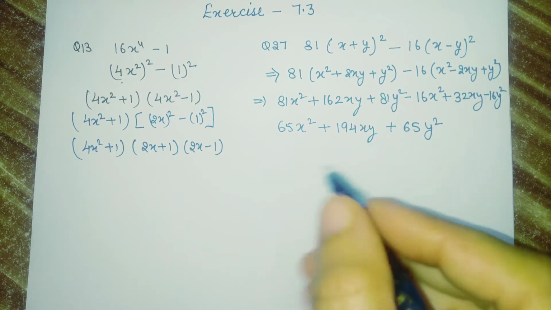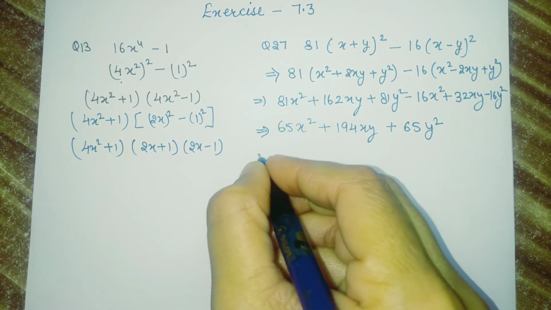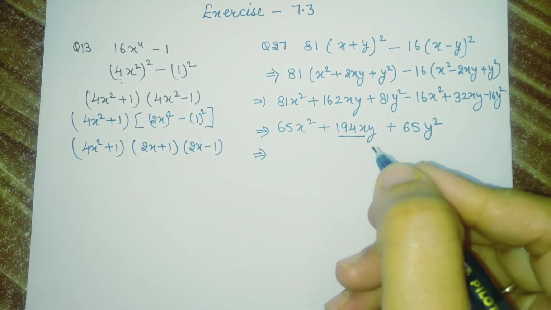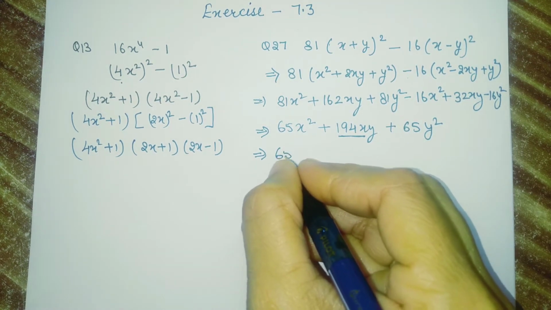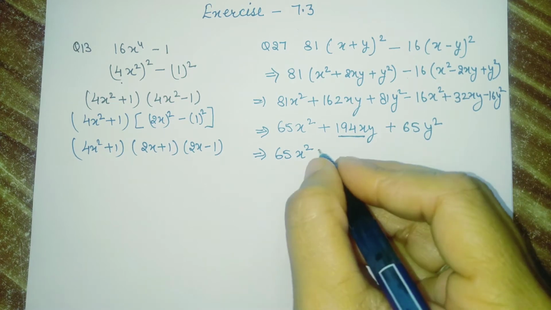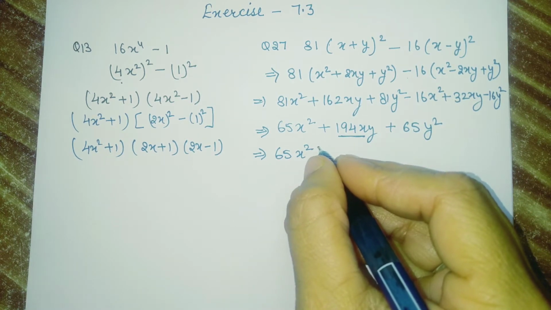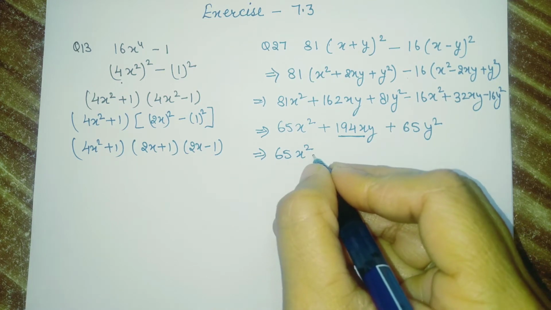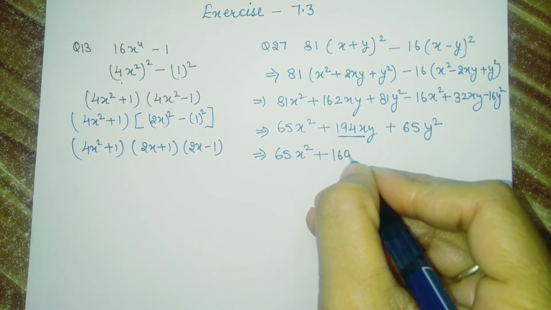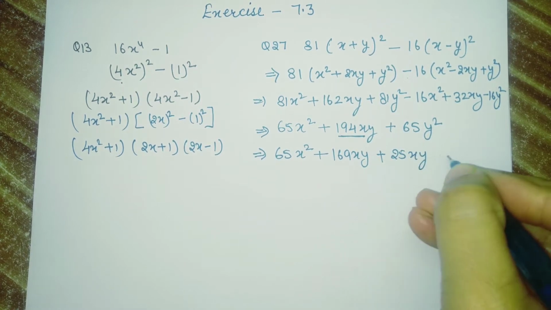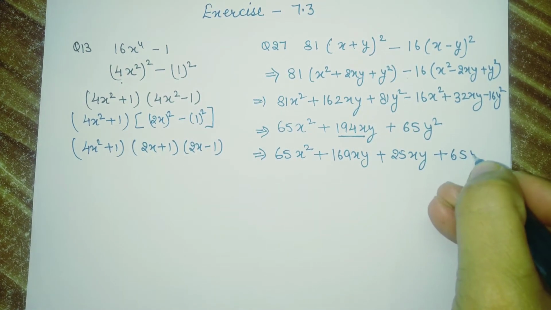Now students, if we observe this one, not a single number is possible to take out as common. So here we will use a different method, that is the middle term splitting method. We will split this middle term so that we can easily factor it. We can split 194 as 169 xy plus 25 xy, plus 65 y square.